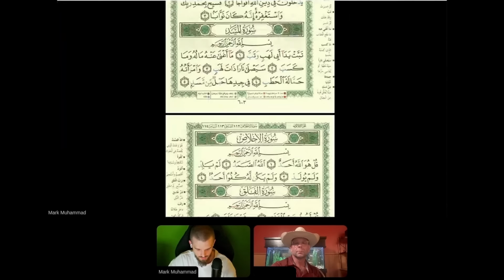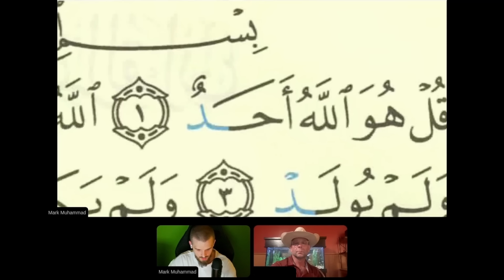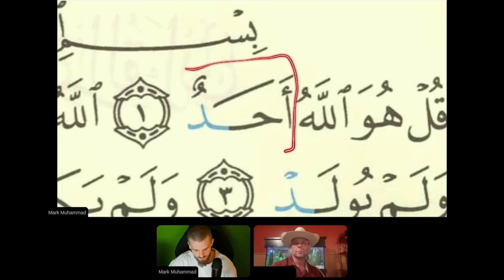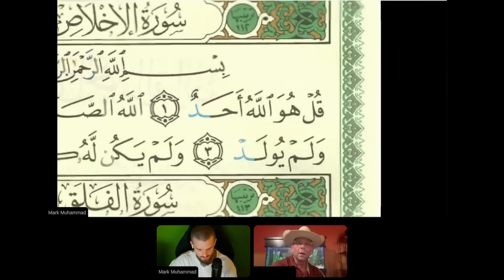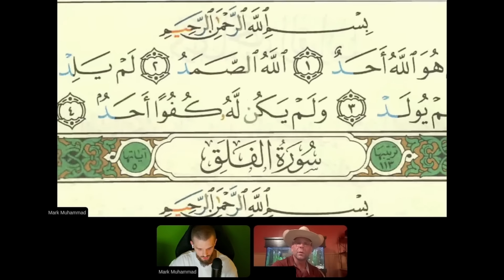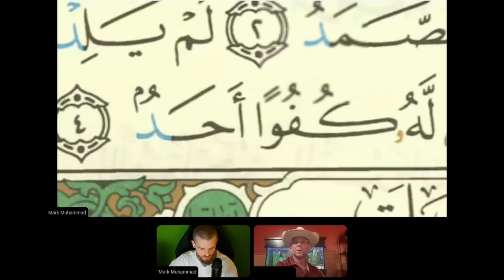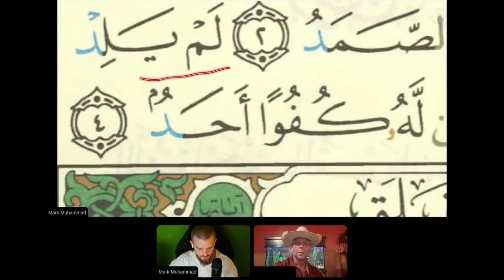And then what we did the other day is, okay, that's the wrong page. Right here. So what does this say? Ahadun. Exactly. This is the same word. But this is also a dhammatain, but it just has a special symbol because the noon, as I said, has special rules.